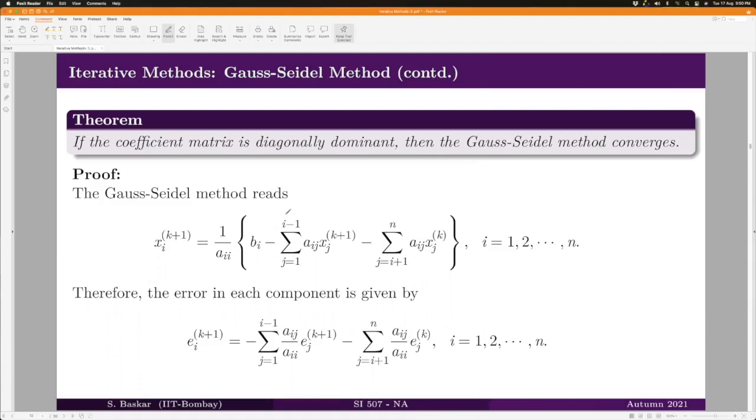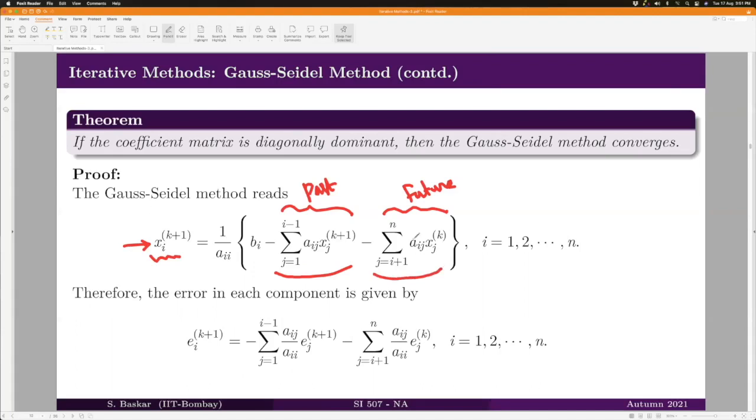Only thing is, now we have two terms in each component of x^(k+1). One is contributing the past and another one contributing the future when compared to the present component of your vector, that is i. When you are computing i, what you already computed are j equal to 1 to i minus 1, that you have to write separately, and what you are yet to compute are i plus 1 to n, that you have to write separately.